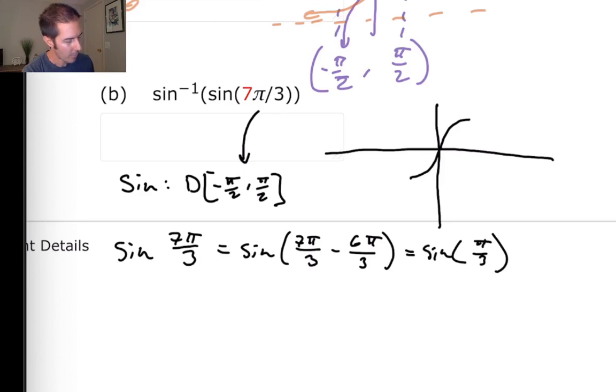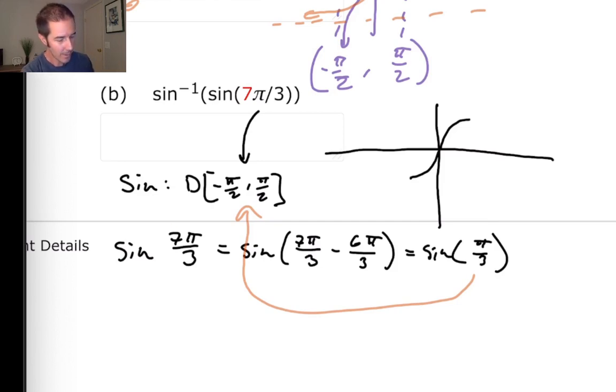Is pi over 3 in the restricted domain of the sine function? Pi over 3 is definitely between negative pi over 2 and pi over 2.